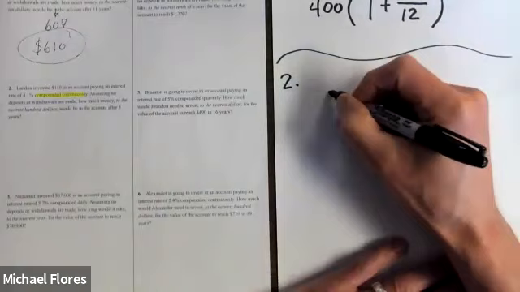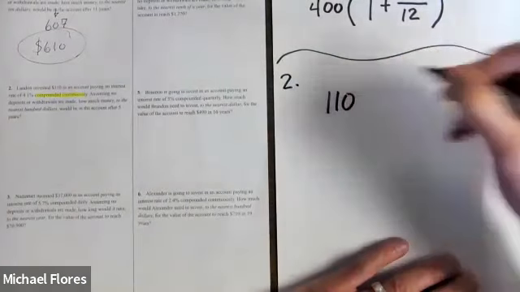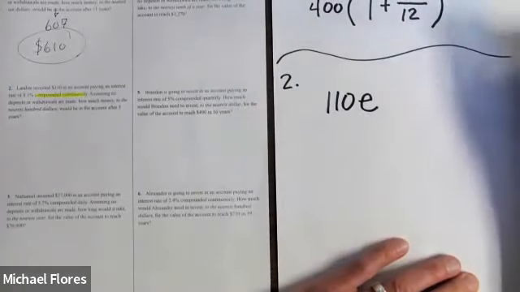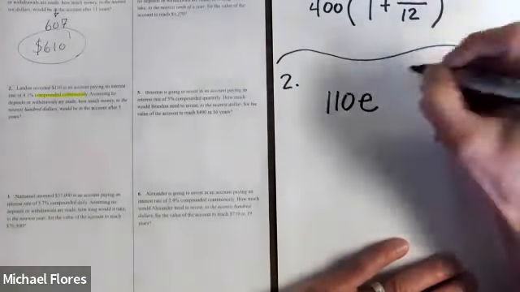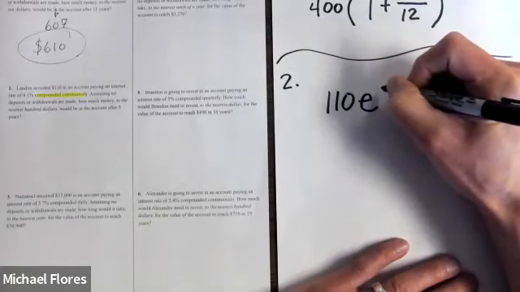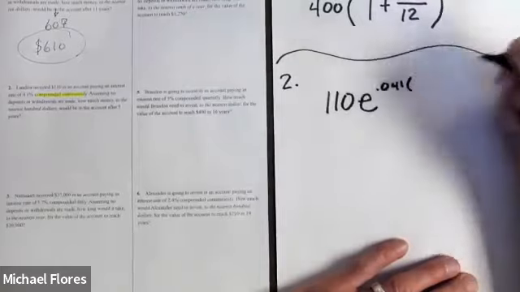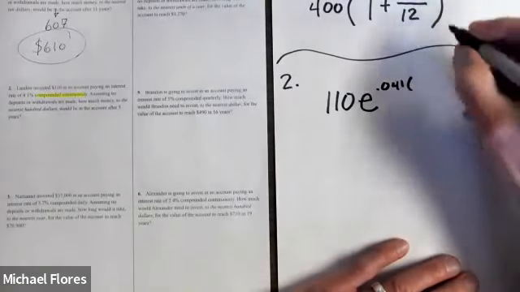So we're going to start with the initial investment. Times, remember we're using that continuous compound formula, E raised to the rate, which is 4.1%, but we're going to convert that to a decimal, 0.041 times the amount of time that we are investing, so 5 years.